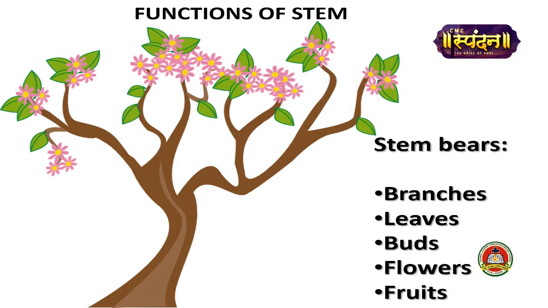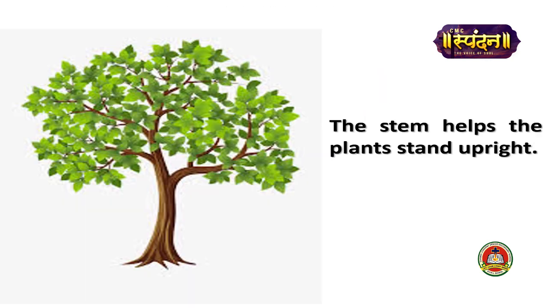Now let us study about the functions of the stem. The stem supports all the other parts of the plant. It bears branches, leaves, buds, flowers, and fruits. Second point, the stem helps the plant stand upright.